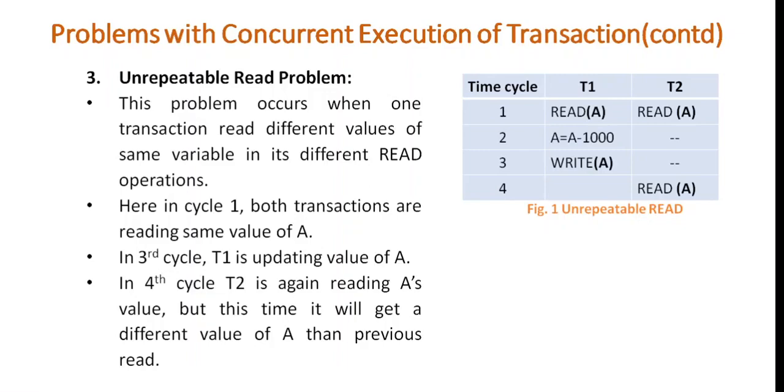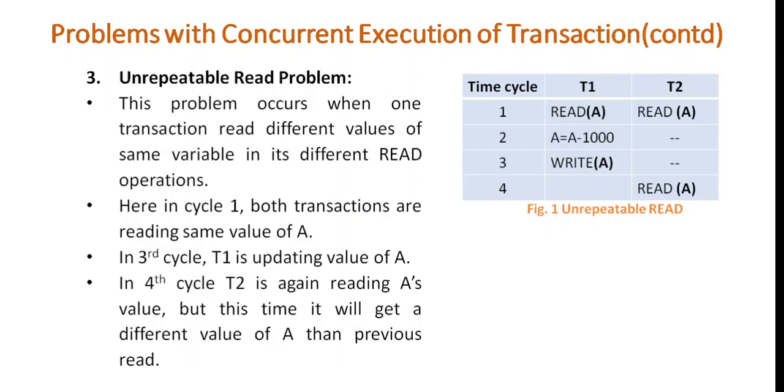Then at time cycle 4, it is reading an updated value of account A. This is called as unrepeatable read problem, where one transaction consists of multiple read operation, and at each read operation it is getting a different value.